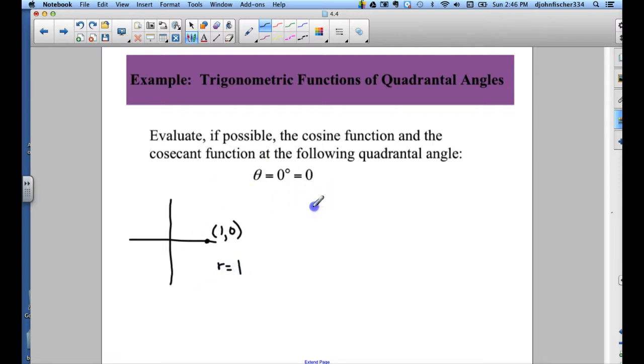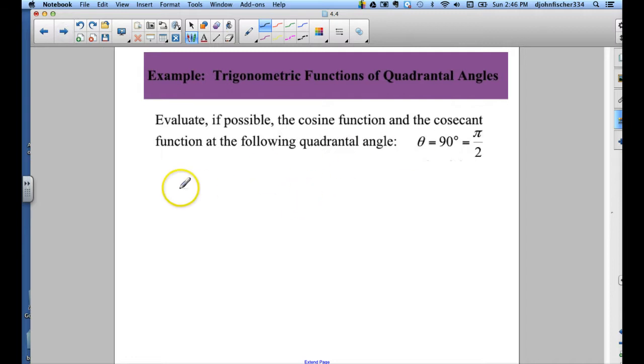Now cosine of theta is equal to x over r. So x is 1, r is 1, so that's going to be 1. Now cosecant is going to be r over y. r is 1, y is 0. Can't do that, so it does not exist. Undefined.